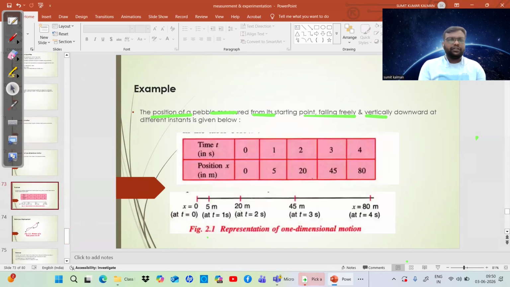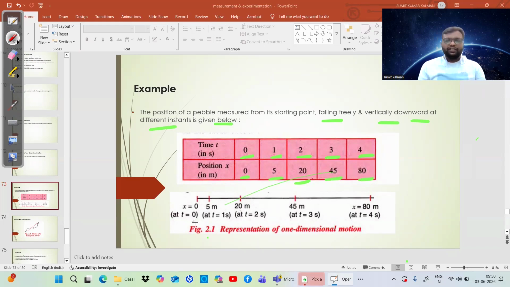As you can see, the position of a pebble measured from its starting point, falling freely and vertically downward at different instants, is given below. At time t equal to 0, 0 meter; 1 second, 5 meter; 2 second, 20 meter; 3 second, 45 meter; 4 second, 80 meter.